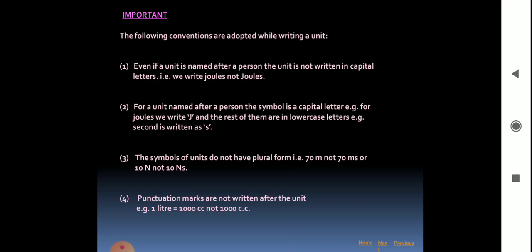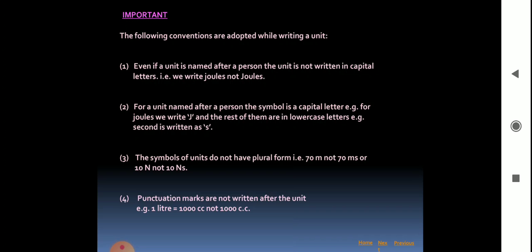We have to write 70 meter. Plural in the sense understood, right? Dog, dogs. So while you are writing s, it's a plural form. Such a plural form is not applied for units.